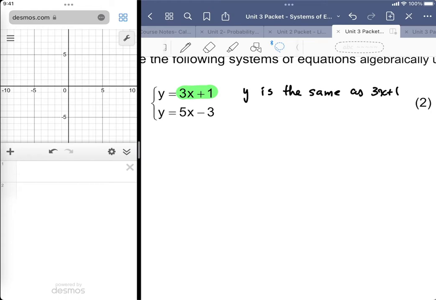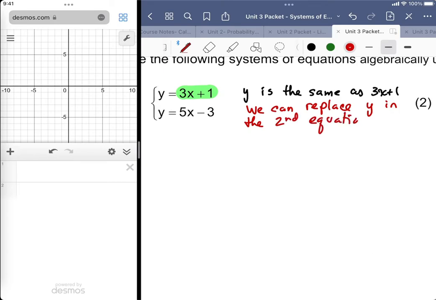That allows the substitution to happen, because the consequence is that we can replace y in the second equation with the 3x plus 1, because they're the same. They're interchangeable.